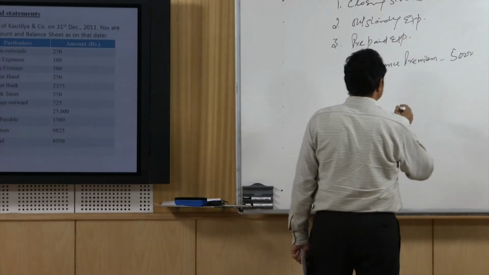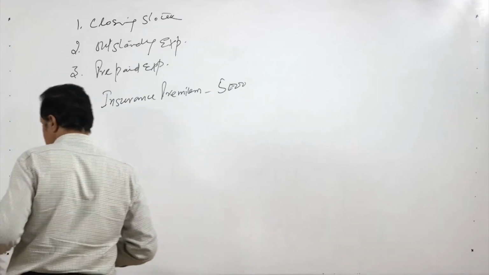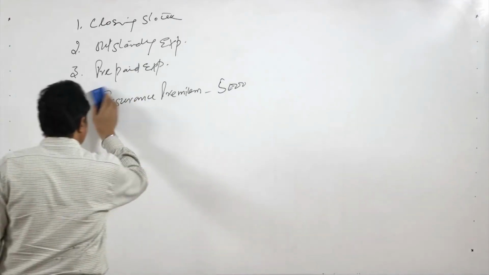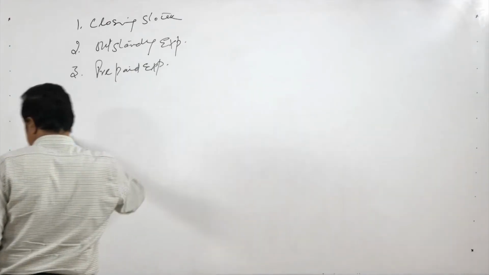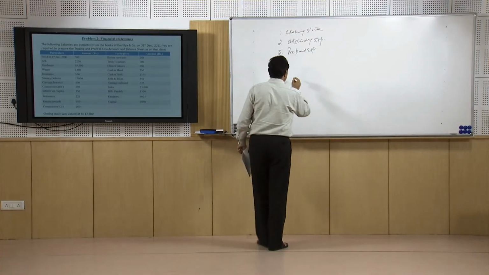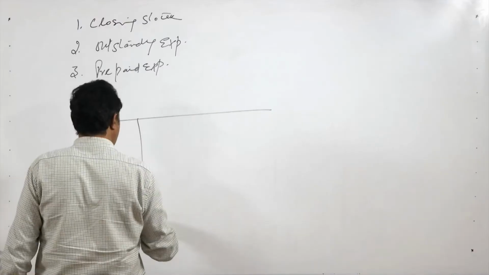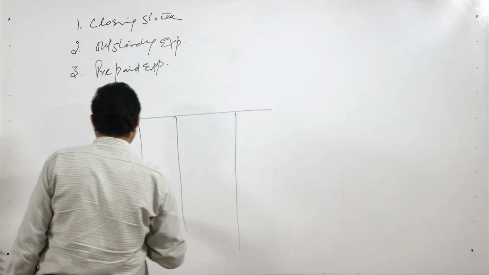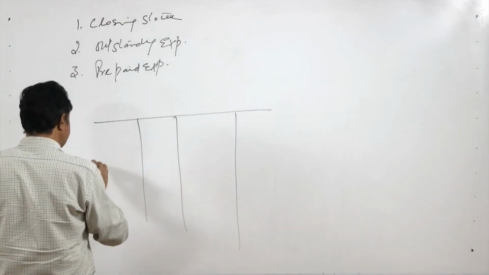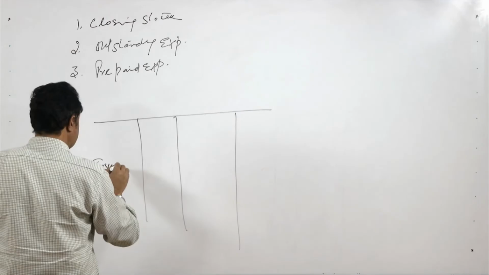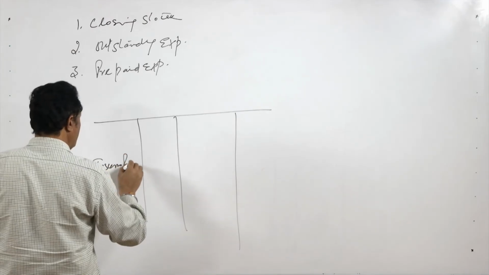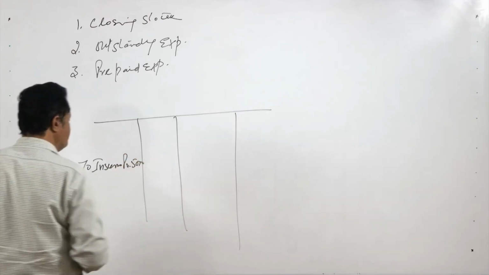So what you have to do is subtract it. The first effect of this prepaid insurance premium will be in the profit and loss account. You will write there insurance premium, and show 5000 rupees in the inner column.